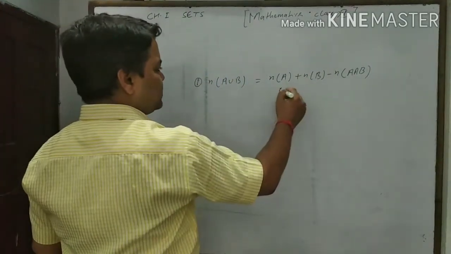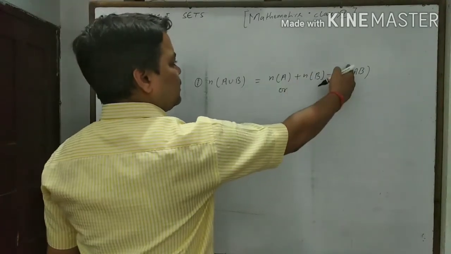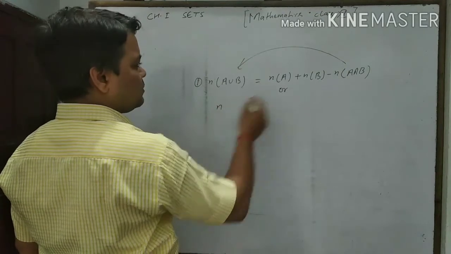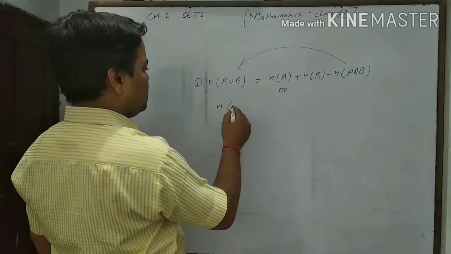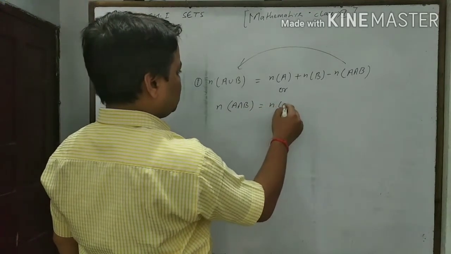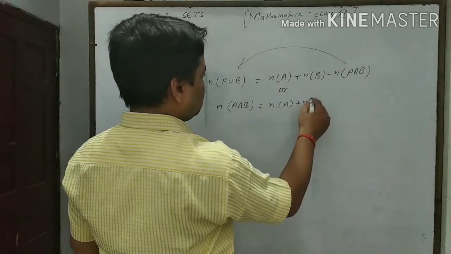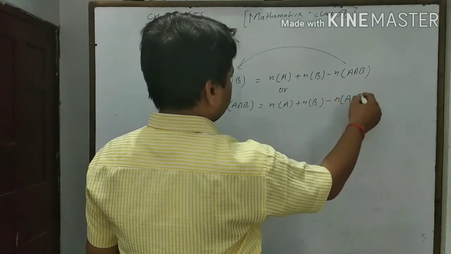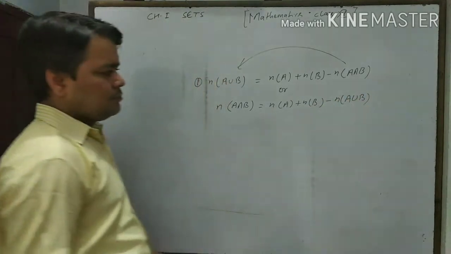We can also rearrange it: the cardinal number of A intersection B is equal to n(A) plus n(B) minus n(A union B).